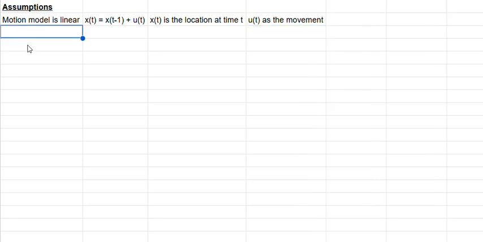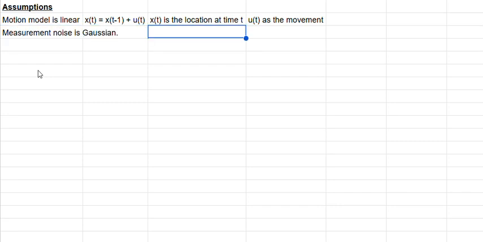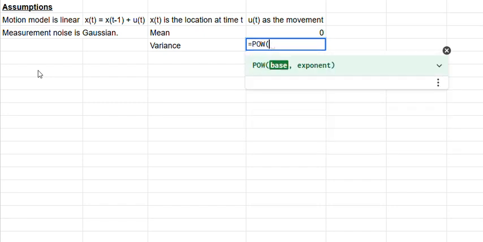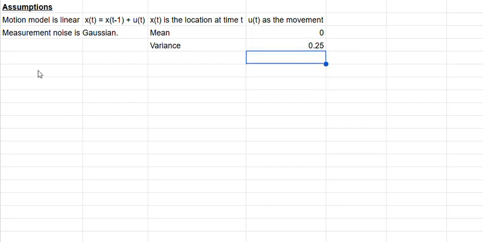Now the next assumption is that the measurement noise is Gaussian. We're going to measure using some sensors, and we're going to say that it has some noise in it, and let's say that it is normally distributed, its mean is 0, and its variance is 0.5 to the power of 2, which is actually 0.25.